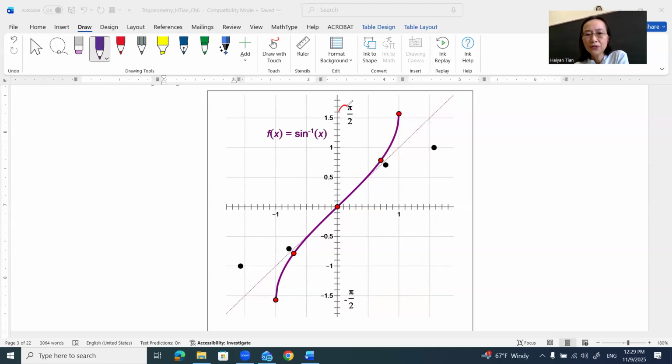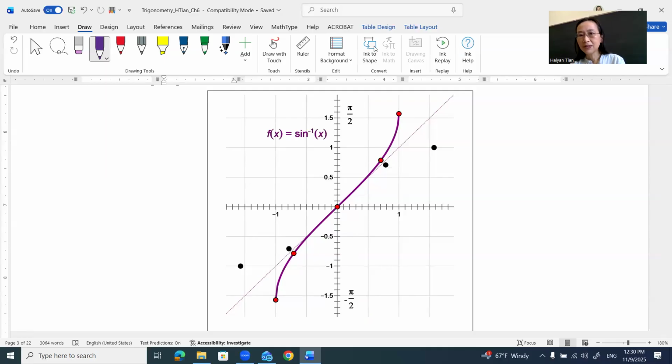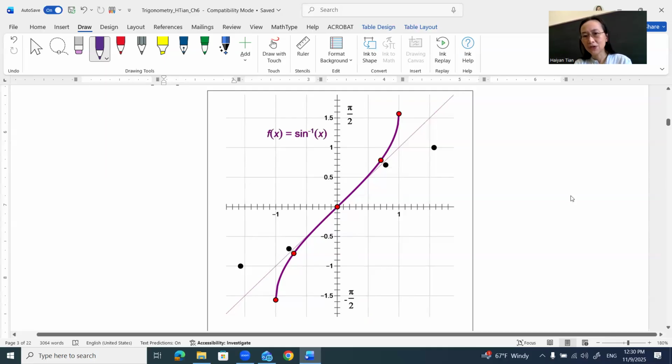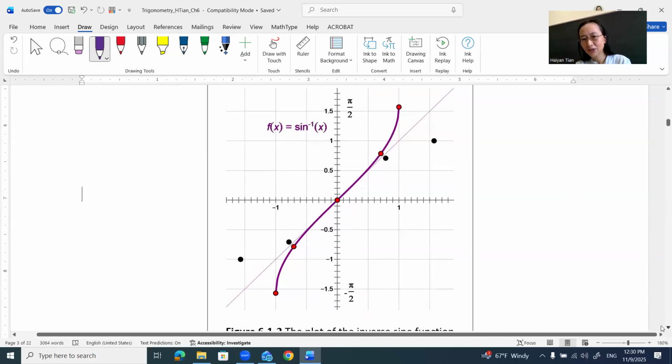So you are looking for the y value only in the interval between negative half of pi and positive half of pi, because that's the range of the inverse, and it is the restricted domain of the sine function in order to get an inverse. Okay, so now we have defined the sine inverse, and you can take a look at this picture, which is a plot of the sine inverse.